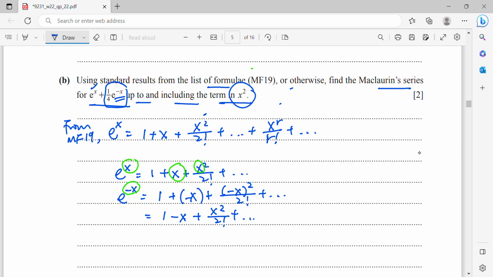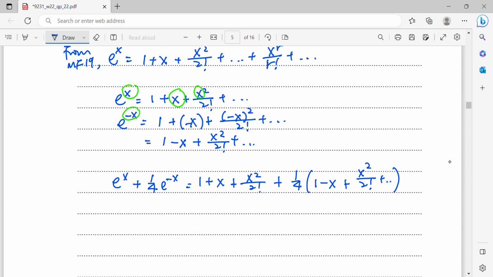Now, final answer, e^x + 1/4 e^(-x). For e^x, it will have 3 terms: 1 + x + x squared over 2 factorial. Then plus 1/4 times (1 - x + x squared over 2 factorial). Right. So now, simplify. 1 + 1/4 will be 5/4.